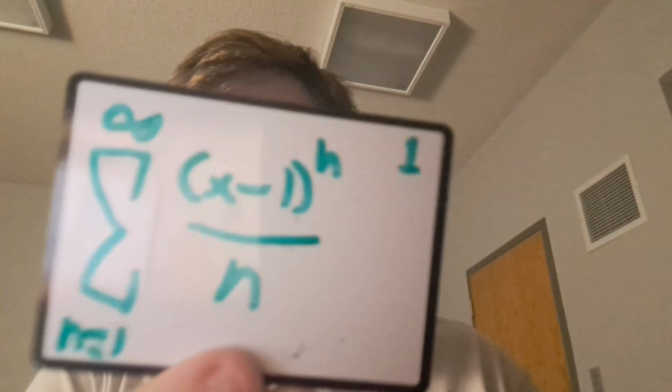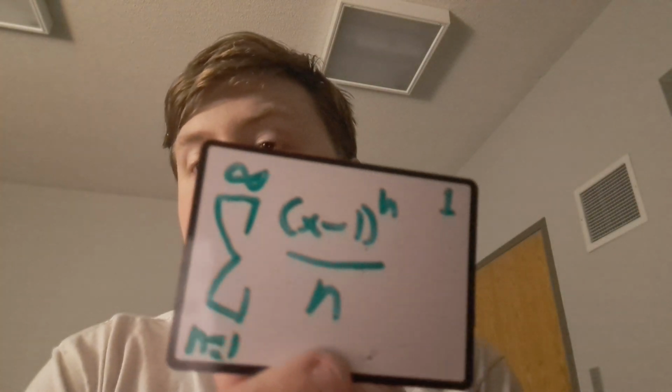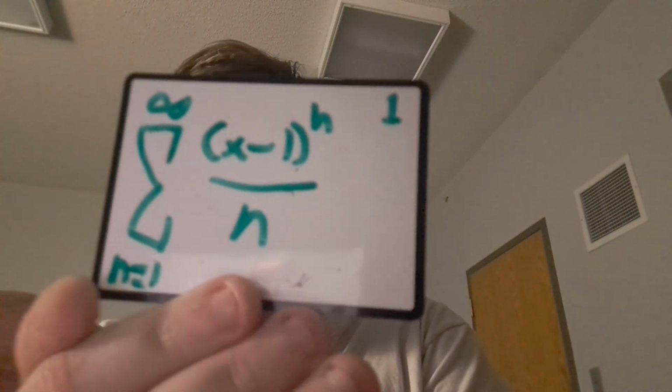So for this specific problem, the center point we know to be 1 because that is where the initial equation is. It's n equals 1 to infinity. Here, n equals 1 is the center because of the power series given. That's how you know that in this given instance.